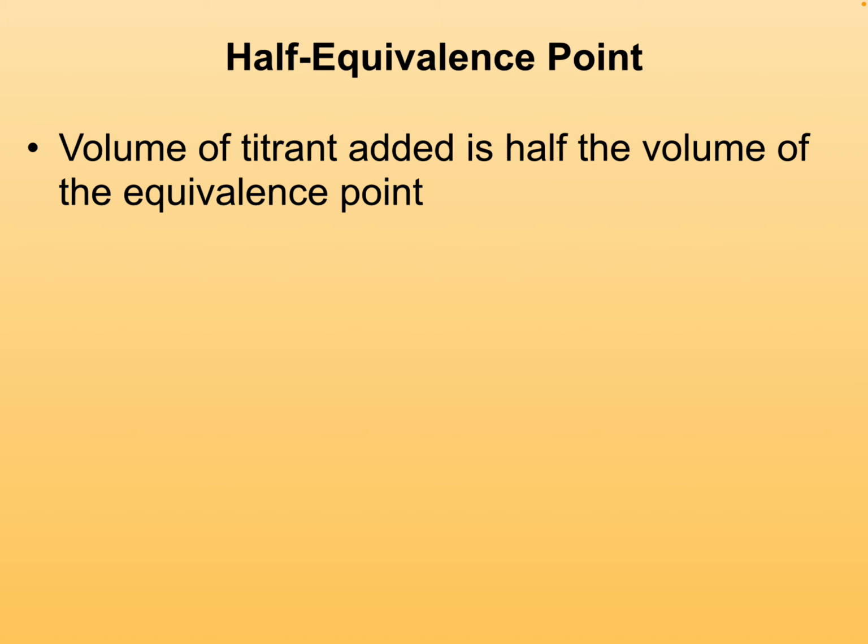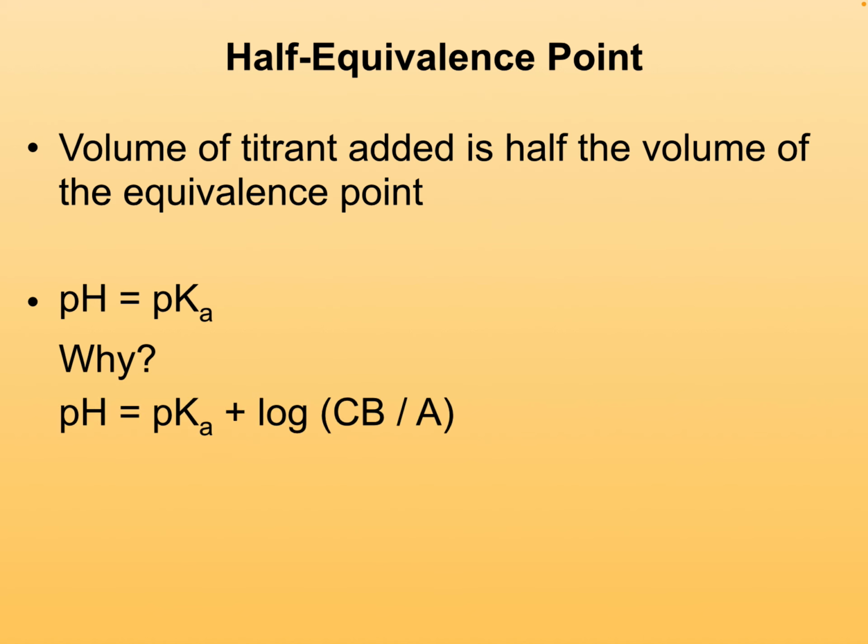One of the reasons that we look for this is at this half equivalence point, our number of moles of our weak acid and our conjugate base would be equal, meaning that our pH at that point in time would be equal to the pKa of our weak acid.